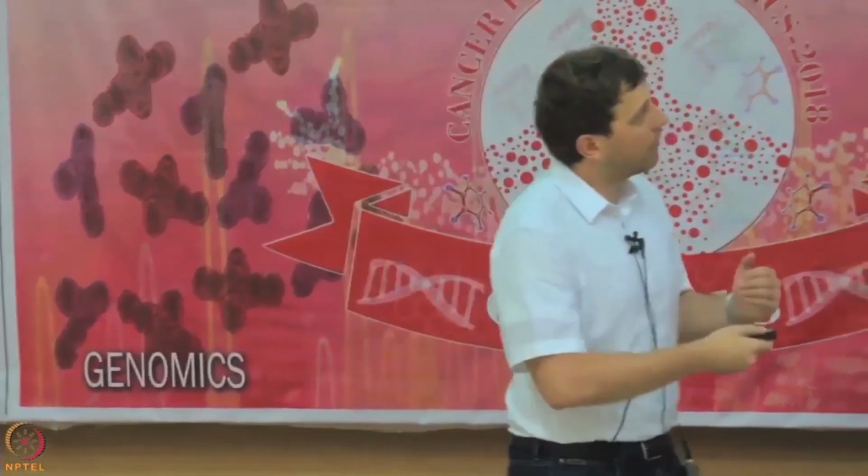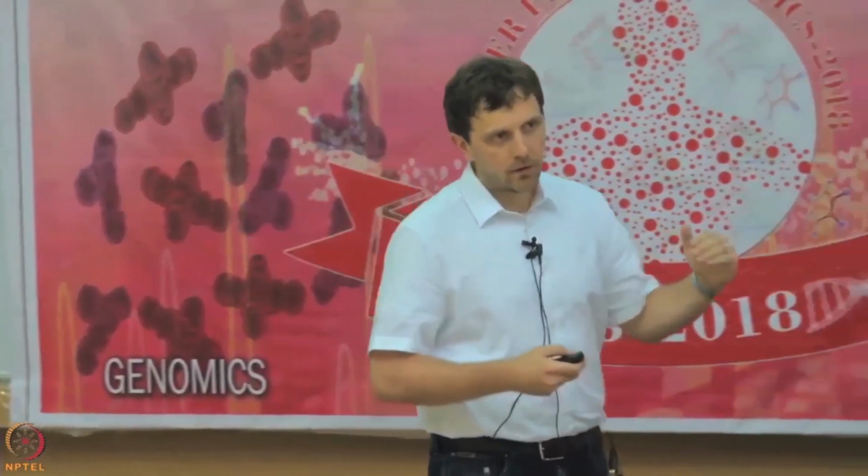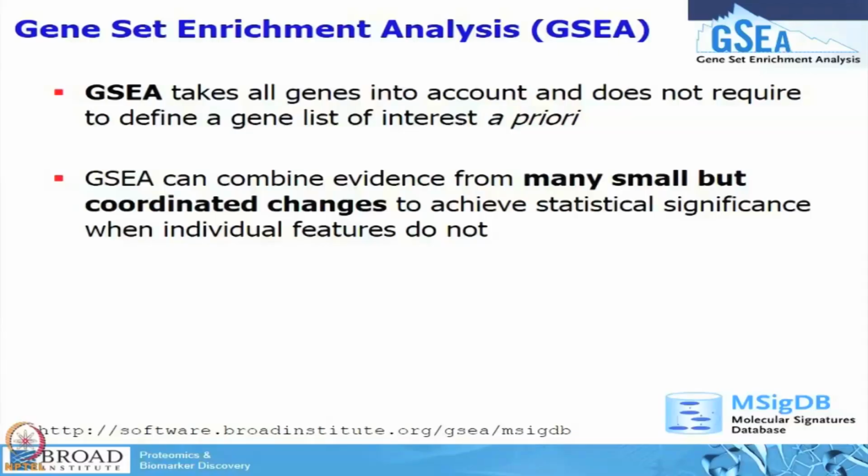Then you can perform these tests, and for every pathway you will get a p-value and enrichment scores and things like that. It's very convenient because you just go into the results of your statistical test in Excel, filter your significant genes, and then paste them in here.